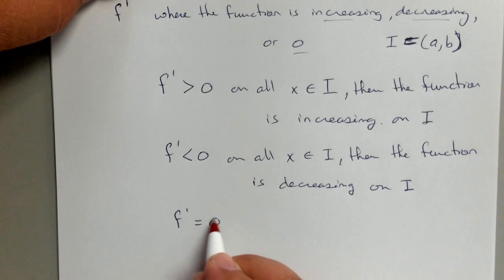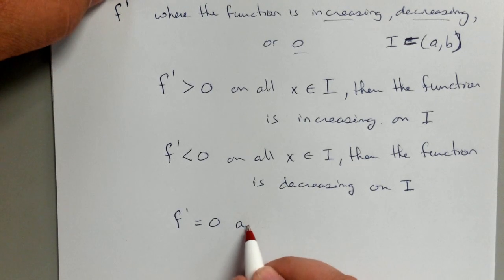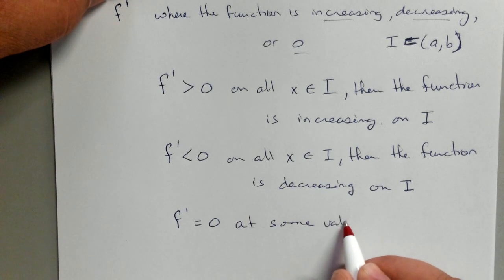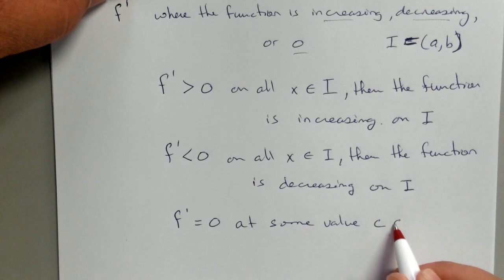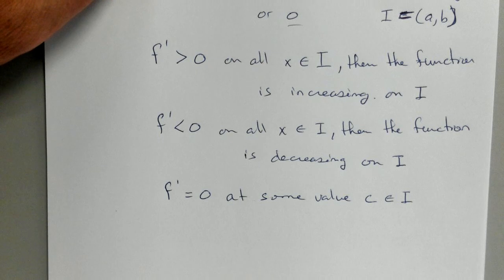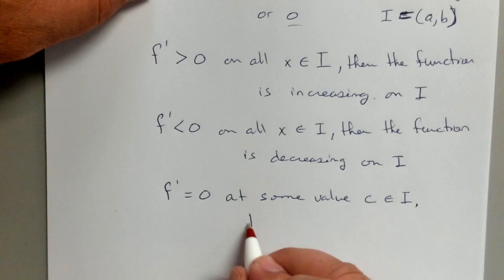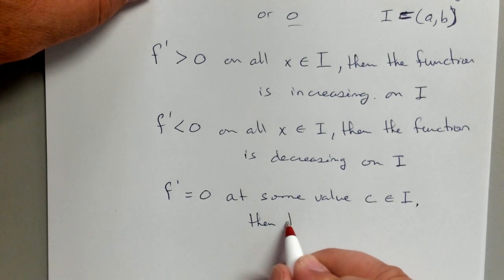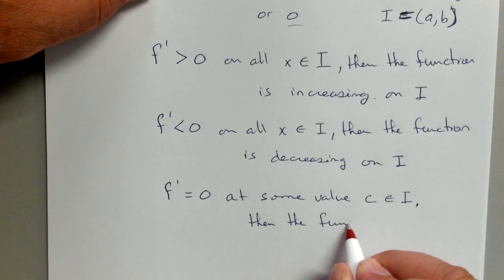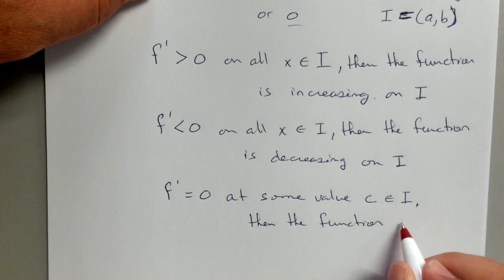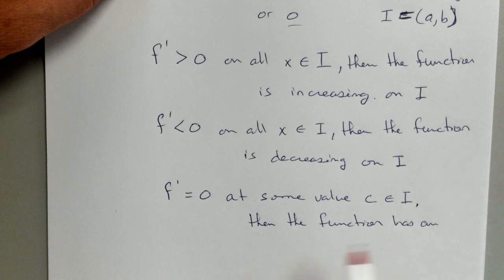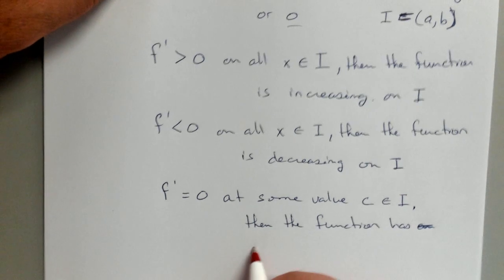And if the first derivative equals 0 at some value c in that interval, then the function has a vertex.